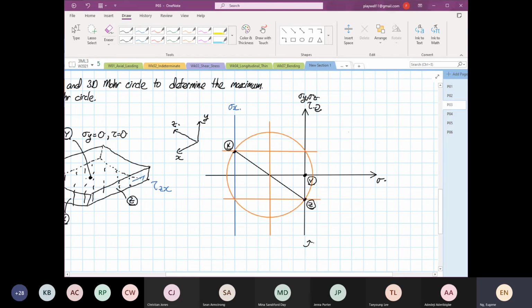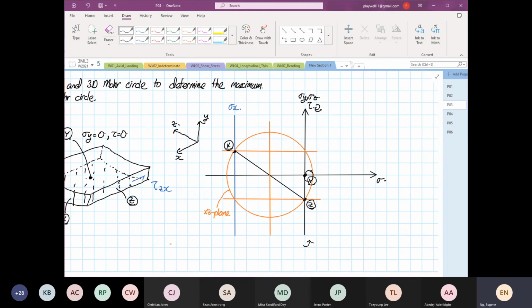So we know now this belongs to our XZ plane. And then we have another circle. Remember, there are 3 circles or more.